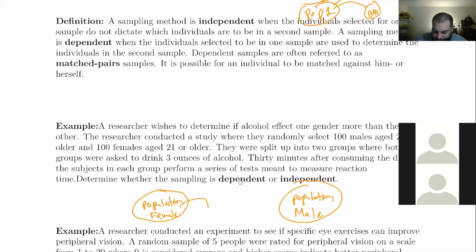We're selecting from the female population to get group number 1, and from the male population to get group number 2. These two are considered independent, because the way I choose the female shouldn't interfere with the way I choose the male, since they're in two separate groups. That's the first example, so for this one you should say independent.